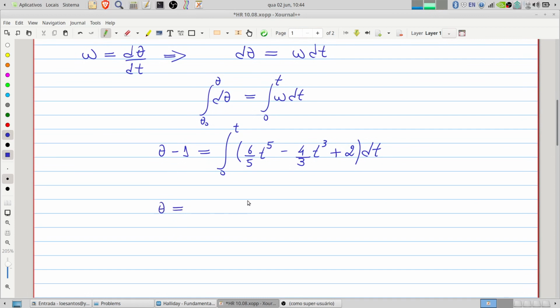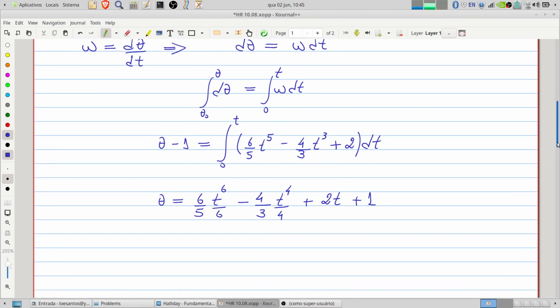So here we have 6 divided by 5 t, integrating it will be t to the 6th divided by 6, minus 4 divided by 3 times t to the 4th divided by 4, plus 2 times t plus 1, the one that was on the other side of the equation.